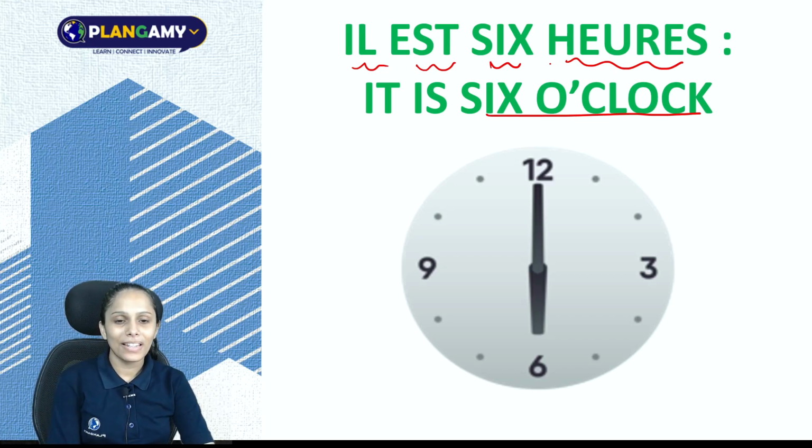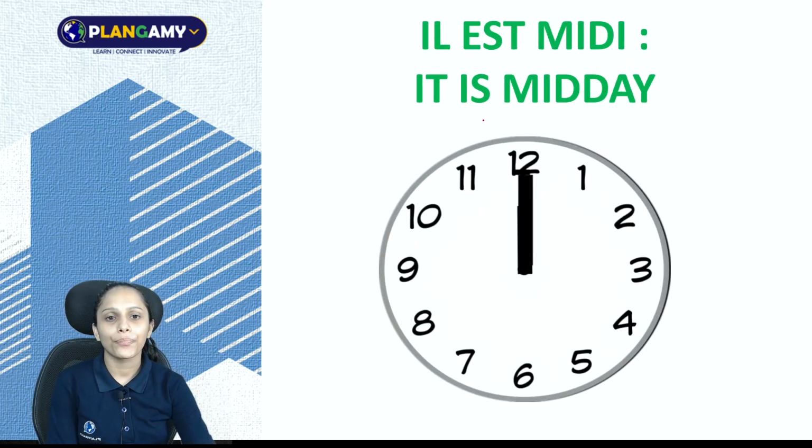Now, next we have, if you want to say it is midday, how to say it? So, here you have to use this sentence. It says, il est midi. I repeat, il est midi. So, it means it is midday.